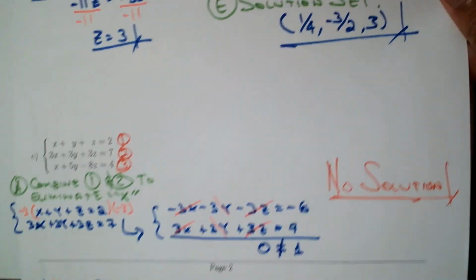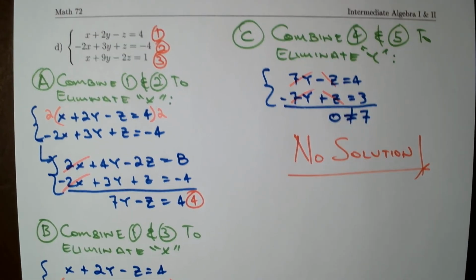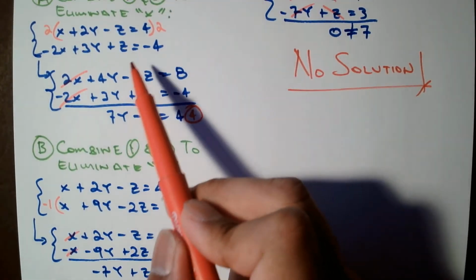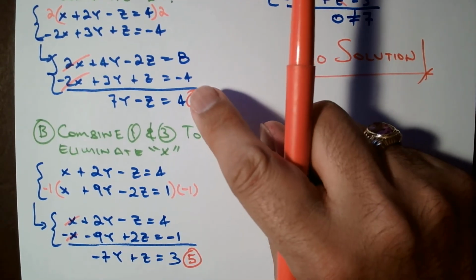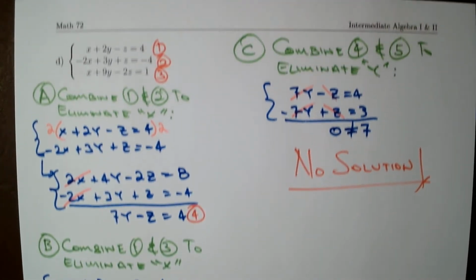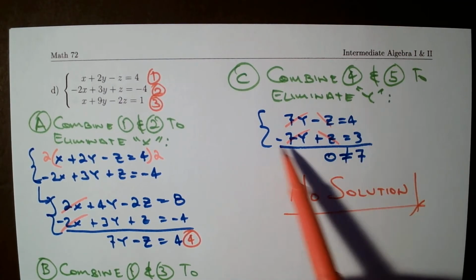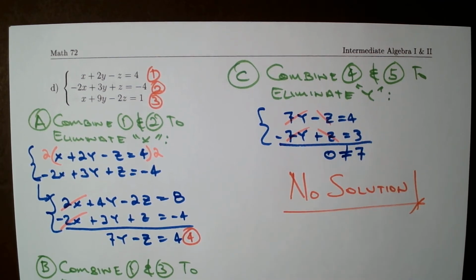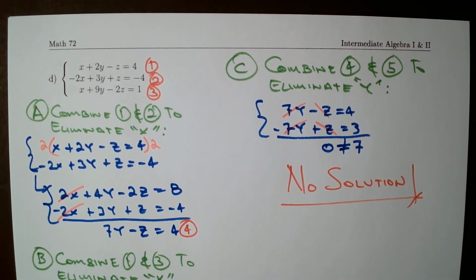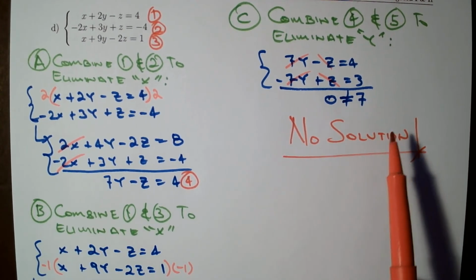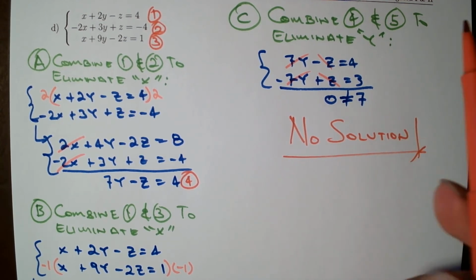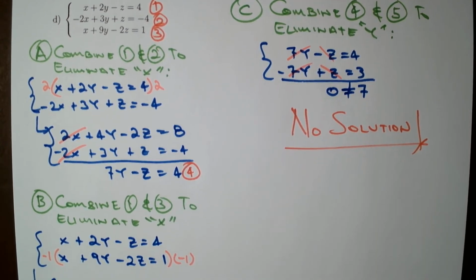However, for letter D, it took us the two combinations and the actual elimination of the first variable, obtaining the 2 by 2 system in order to get that no solution. So just a little bit more work to essentially get the same kind of solution.